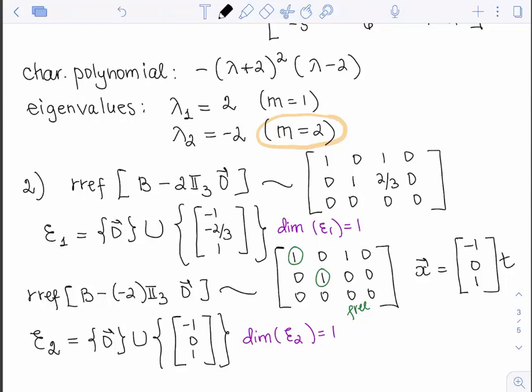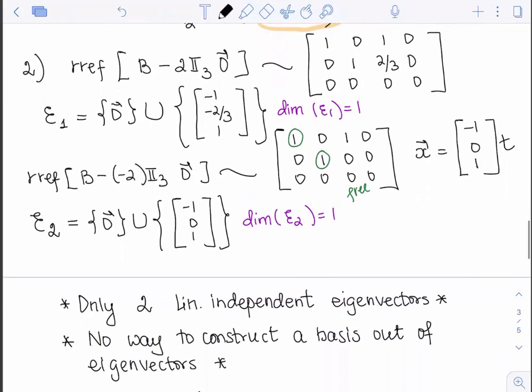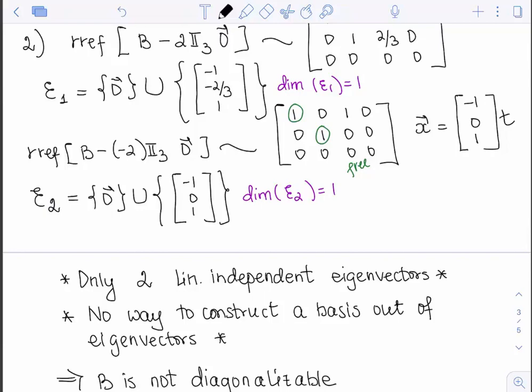But we have multiplicity 2 over here, okay? That does not match up. It doesn't mean that we've done something wrong. It just means that there are not enough eigenvectors to generate a basis. So if we list all of our eigenvectors, there are only going to be 2 linearly independent ones.